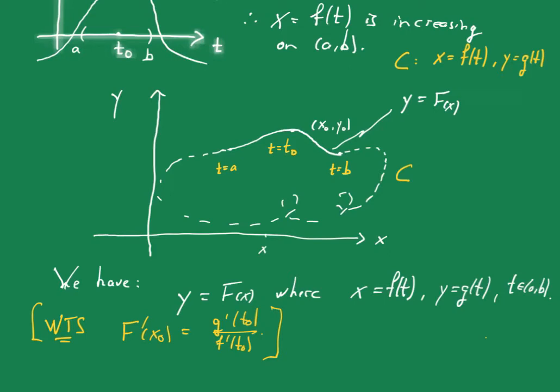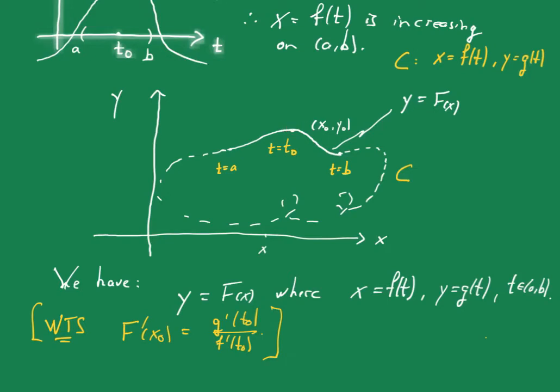What do we want to show? Well, we want to show that the slope of our tangent line here looks like it might be horizontal, but that's not relevant. This just happens to be the way I drew it here.